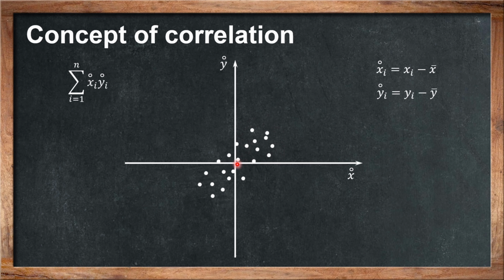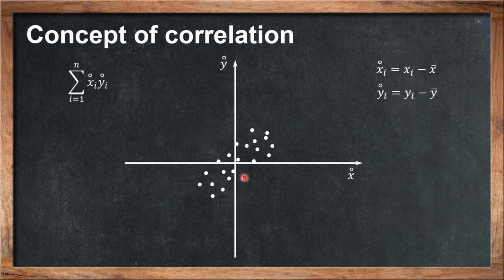If we take a look at the third quarter, we also will get a positive value because the x would be negative and y would also be negative, and a negative value times a negative value will give us a positive value. And only in the second or the fourth quarters, we will get a negative value.